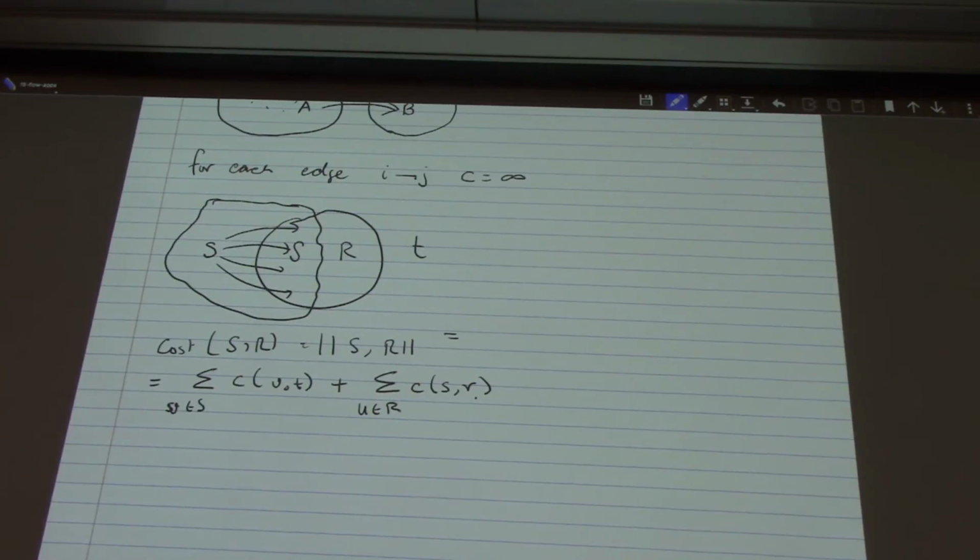What do you think we should do? Any idea? The clue is that I want to choose capacities from source to vertices and from vertices to the sink in a careful way to make this work. And I want to make this some number that is small if the profit is large and that is large if the profit is small.